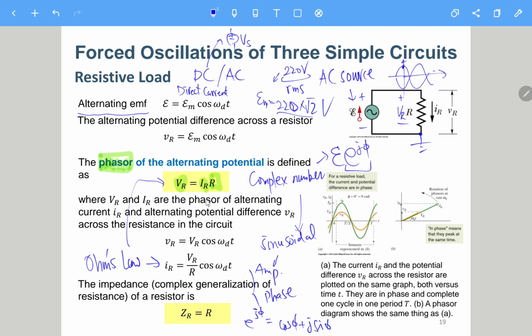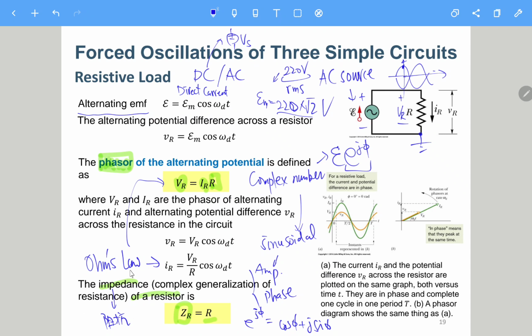In that case, we consider the impedance of a resistor. The impedance of a resistor is ZR equals R, so it's nothing but the resistance. Impedance in Chinese is called 阻抗. Okay, so this is the easier case.